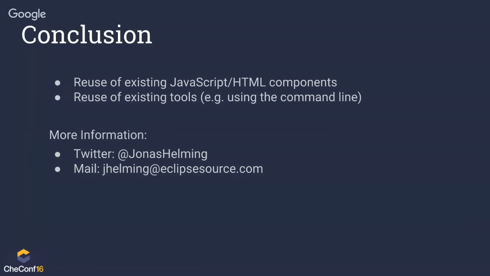Another advantage of that is that your components, if you need to develop a new editor, for example, you can also use it standalone. So it cannot only be consumed in Che, but also outside of Che. And the second recommendation is try to use existing tools, and the command line as an example is a pretty good way of integrating that.